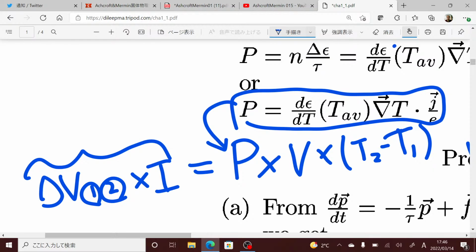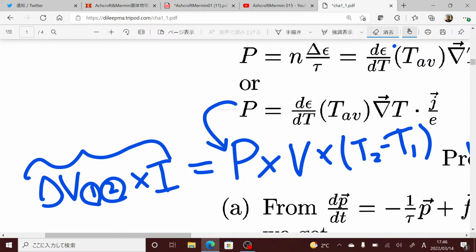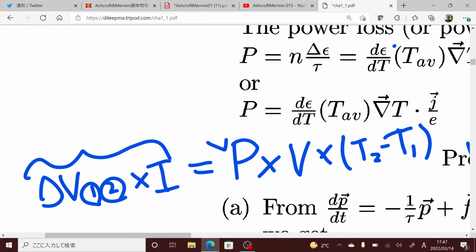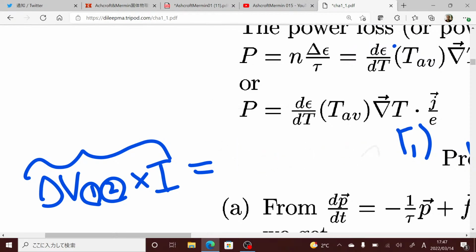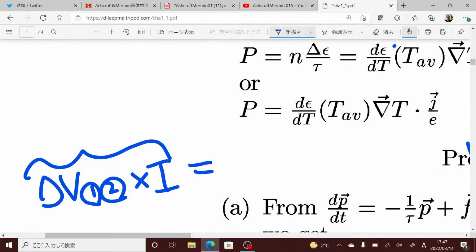I think this is wrong. I think I am wrong. So this measurable quantity is something like this: d epsilon dT. I ignore this one.